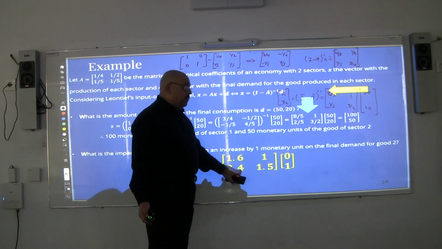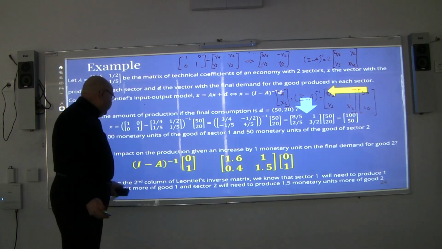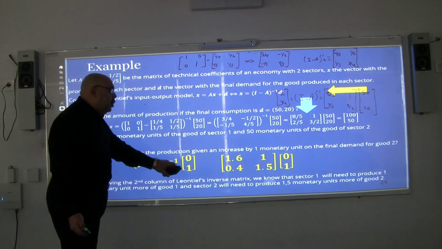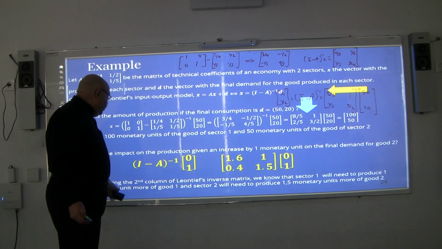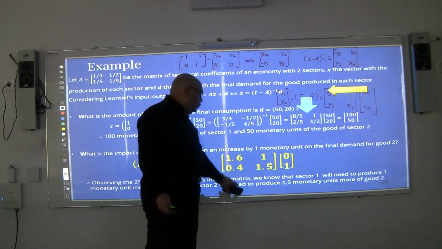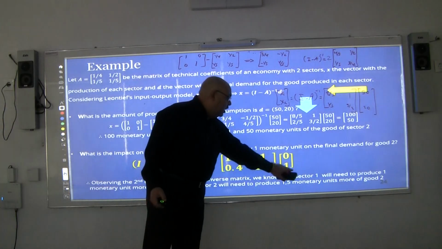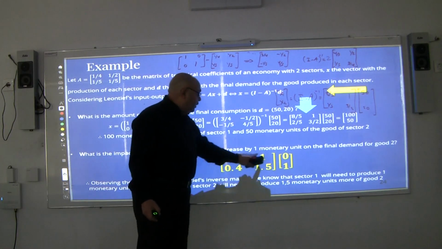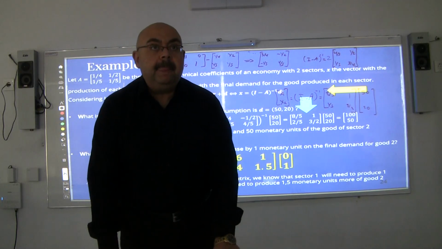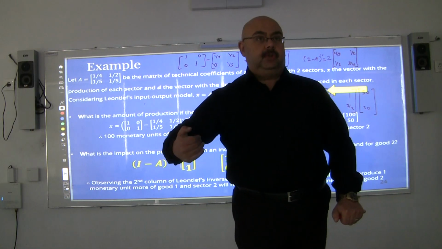So here is the matrix, multiplying by [0, 1]. Observing the second column of the Leontief inverse matrix, we know that sector 1 will need to produce one monetary unit more of good 1, and sector 2 will need to produce 1.5 monetary units of good number 2. Once you multiply them together, you will be able to get the impact of an increase of 1 unit in the second sector on the 2 sectors that you have.